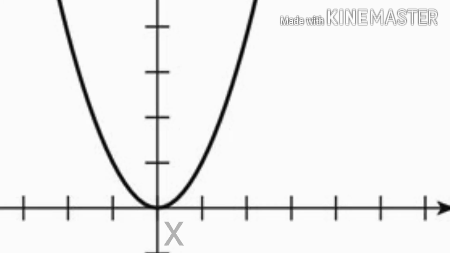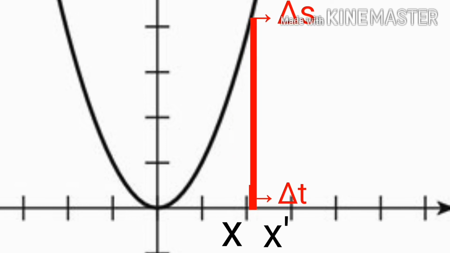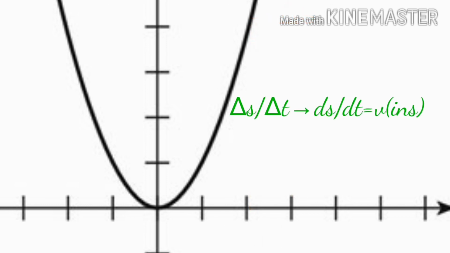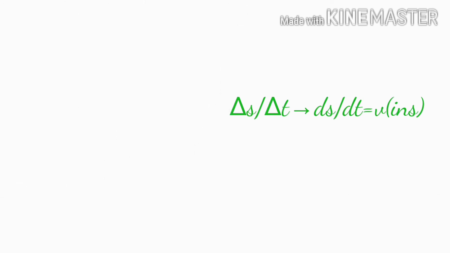Let's watch how it would look as a whole. We see that in a displacement time graph, x and x dashed converge to each other at a point almost equal to 0, not equal to 0, and the instantaneous velocity of the displacement time graph becomes delta s by delta t, which becomes ds by dt, which is the instantaneous velocity.